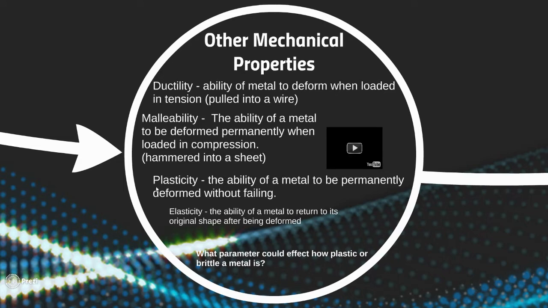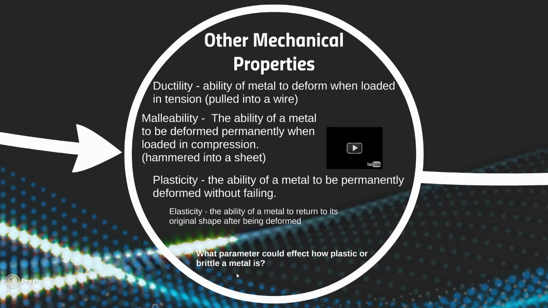Now, plasticity is a general term for how easily this metal can be permanently deformed, okay? And then elasticity is another general term for the ability of a metal to perform elastically. That means to be stretched or pulled or twisted or whatever the case, and then to return back to its original shape, right?